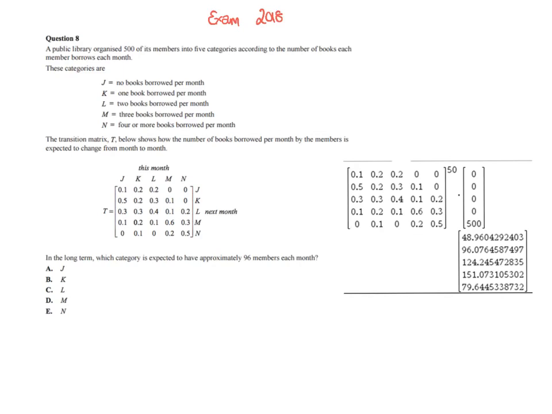So here are the categories. Here too, they told me that the original amount was 500. So whatever the S0 scenario was with the J, K, L, M and N, they all had to add up to 500.